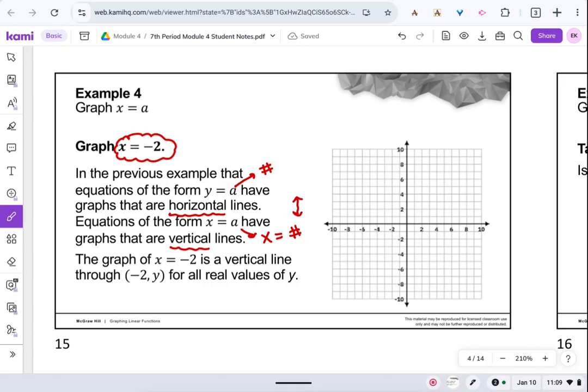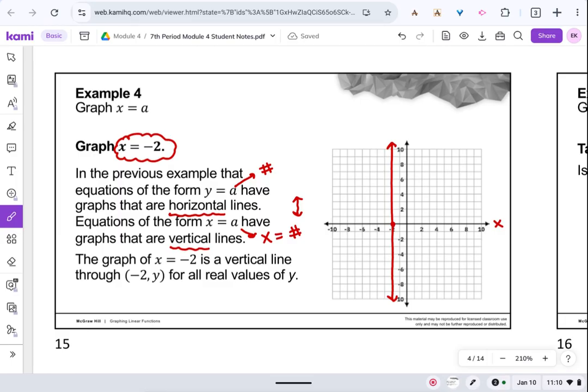So just as a reminder, these are our x values. That's our x-axis. -2 on our x is going to be right here. Okay? So if I go ahead and draw a vertical line through that, so up and down, that's going to look like so. Okay?